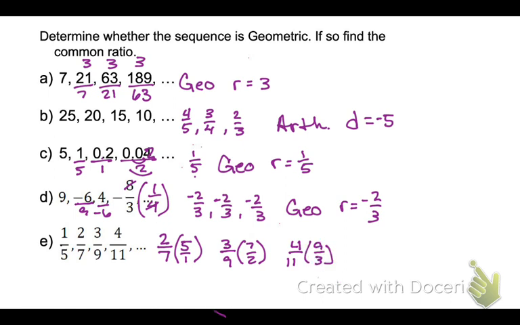So I get 10/7. Oh, well, this can reduce, so I get 7/6. Do I even have to keep going? No. I could see if it's arithmetic, but I don't even want to, because I would have to find a common denominator. So, not geometric.